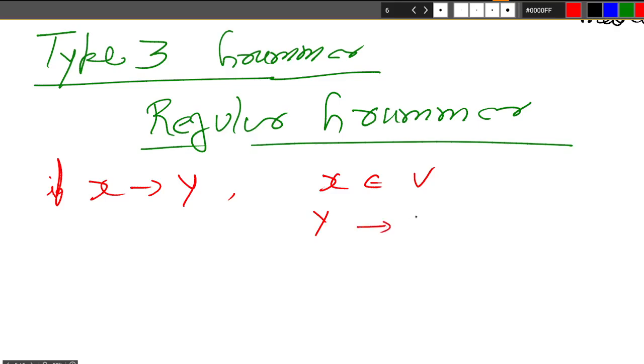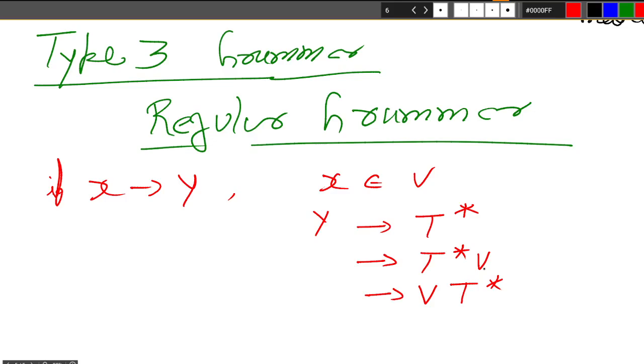Y can be either a string of terminals, or a string of terminals followed by a variable, or a variable followed by a string of terminals. Any one of these three, not the combination of them. We can think about the combination also, that is also a possibility in different rules.